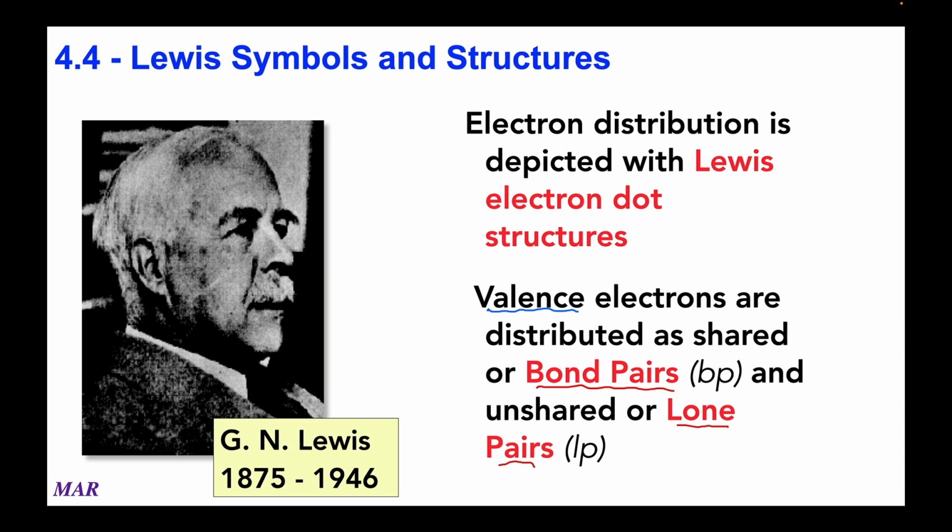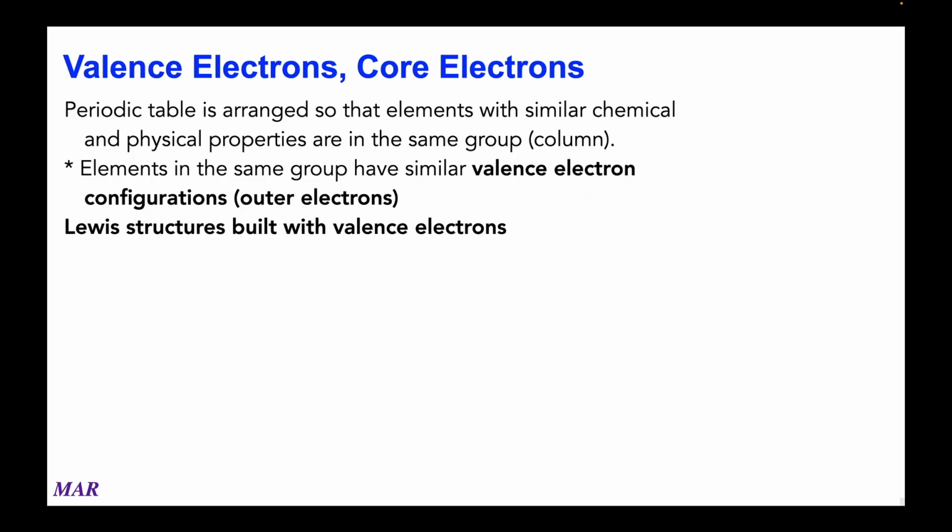So let's check out how a Lewis structure works. To figure that out, we have to talk a little bit more about valence electrons. We talked in an earlier chapter about the total number of electrons in an atom, but not all of those electrons will be involved with bonding with other molecules. Some of them are deep inside the atom. They're too close to the nucleus to make any bonds.